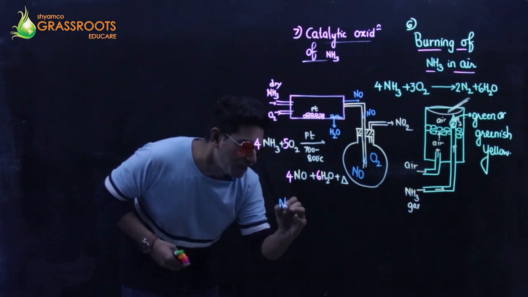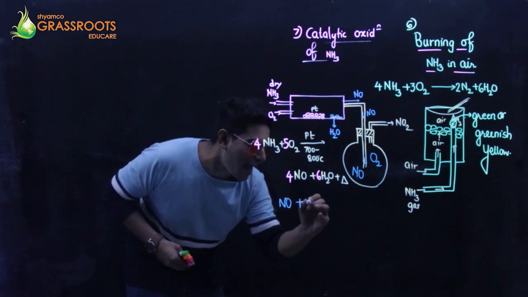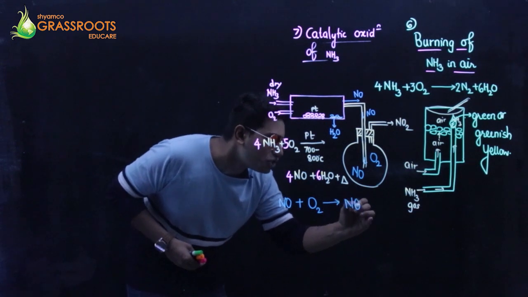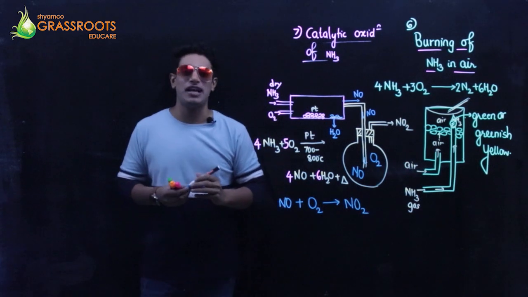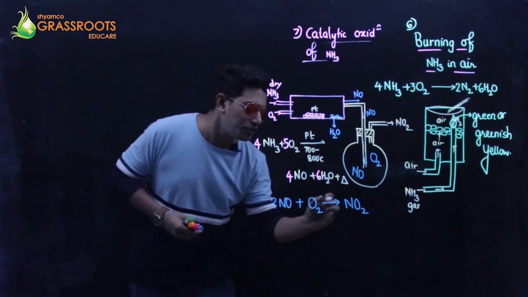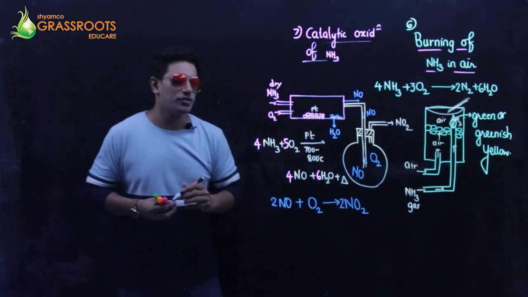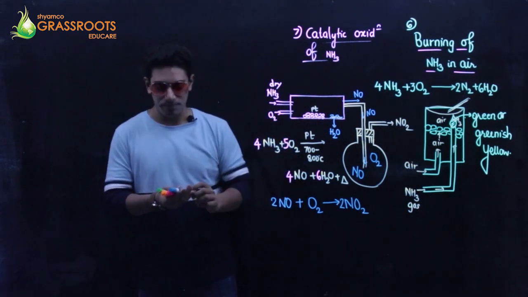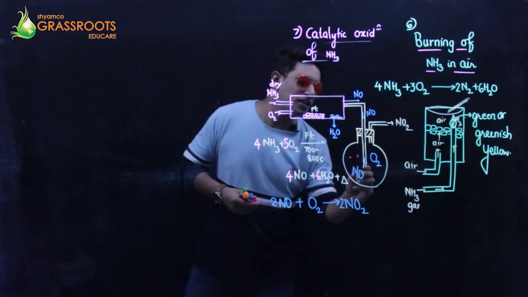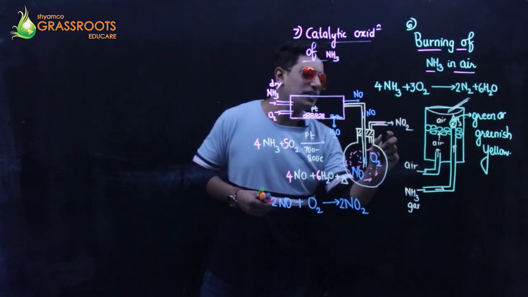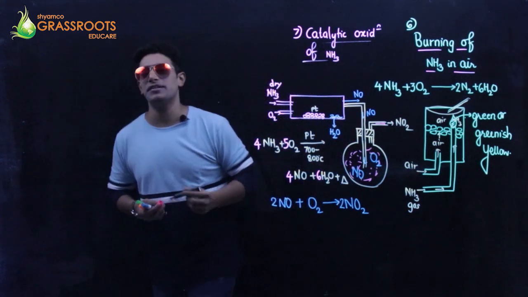The nitric oxide, a colorless gas, reacts with oxygen, forming a reddish brown gas which is nitrogen dioxide. To balance it, a 2 here, a 2 here. That's balanced for you all. So it's like a two-step reaction. And finally, we get a reddish brown colored nitrogen dioxide gas, which can be collected.